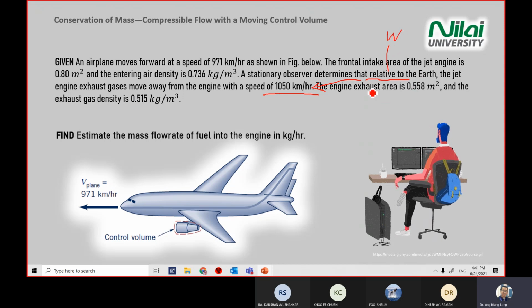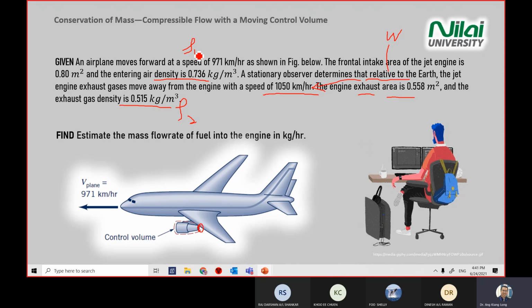So the engine exhaust area is again given. You have another area here at the back of the engine. Exhaust means your output. The area is given here, so basically you have all the information. And the exhaust density is also given. So they have two densities in the question, one is your input, one is your output.